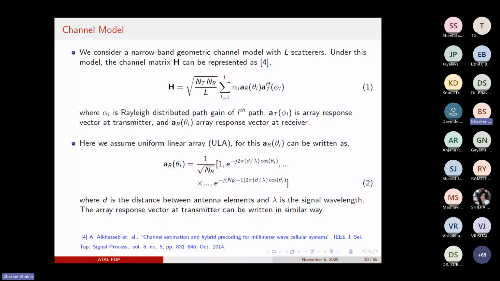Here we have considered a uniform linear array antenna, and the array response vector for that is given by this equation, which follows the Vandermonde structure. Here D is the antenna spacing, the distance between two consecutive antennas, and lambda is the signal wavelength.